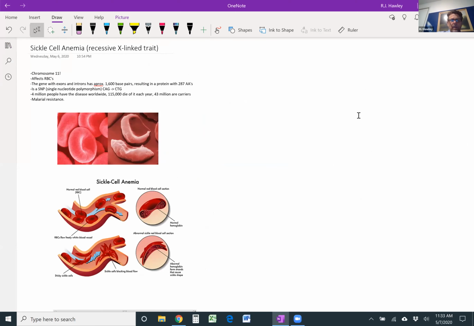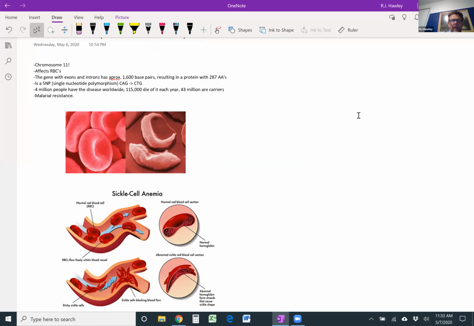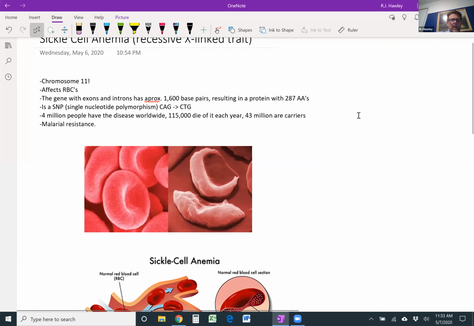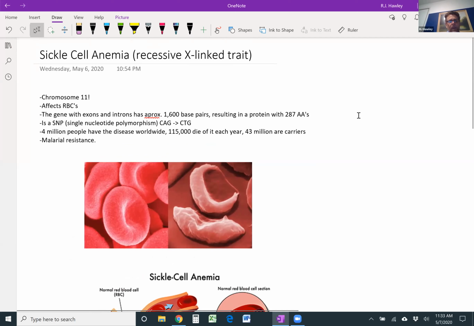Many of you were struck by how many genes can sit on a chromosome. Chromosome 11, they talked about it briefly in that short video, but it carries a gene for hemoglobin, and beta globin was, I think, what they mentioned. And it affects red blood cells.